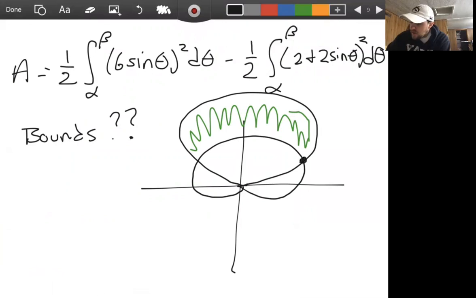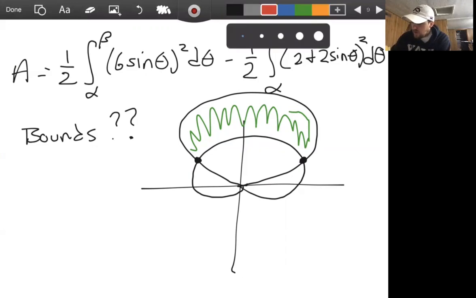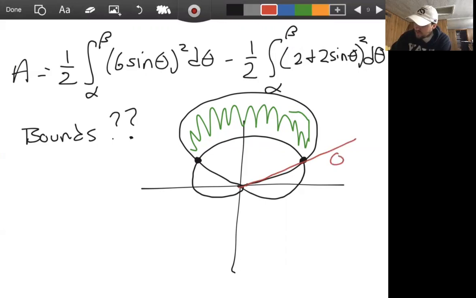Meaning we want to bound this by their intersection points. And so taking a ray from the origin through this point, this should be some theta value. Doing the same thing for the second point should give us another theta value, right? But how do we figure out what these are? Like, alpha is what and beta is what?